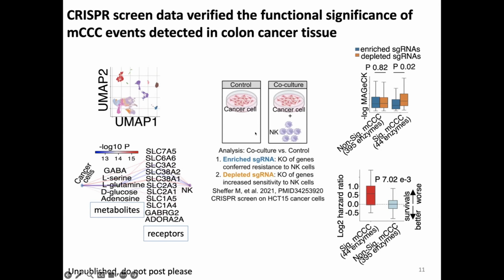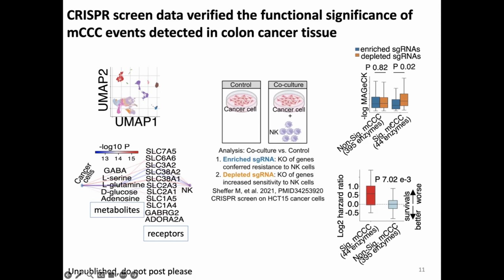Then from the high-throughput screen data, what the researchers have done is they knocked out individual genes in the cancer cells and then co-cultured the cancer cells with the NK cells to test the effects of the knockout of individual genes on the cancer cells before or after the co-culture with the NK cells, because by default, the NK cells are supposed to kill the cancer cells.